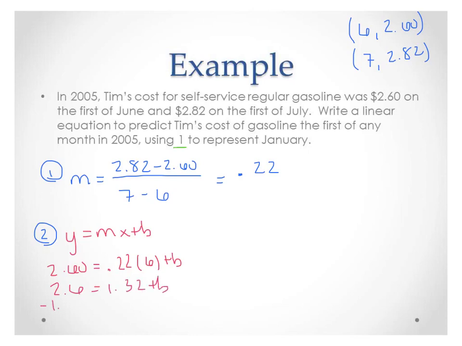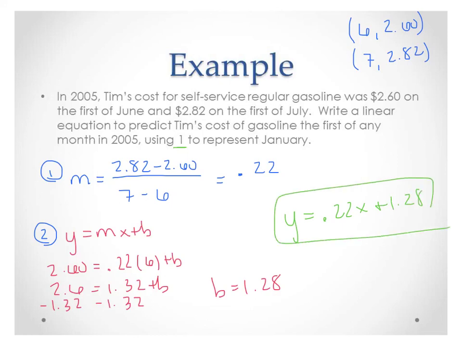Subtract 1.32 from both sides. And that is 1.28, and so then with that information, the linear equation for gas would be 0.22x plus 1.28, and you could definitely change those to fractions if you wanted to.